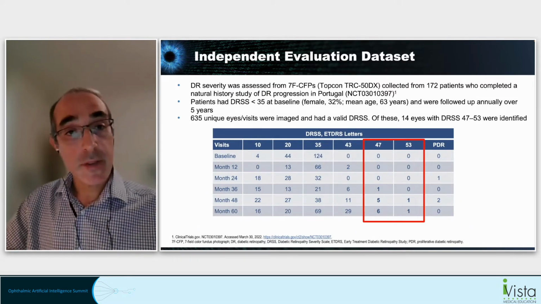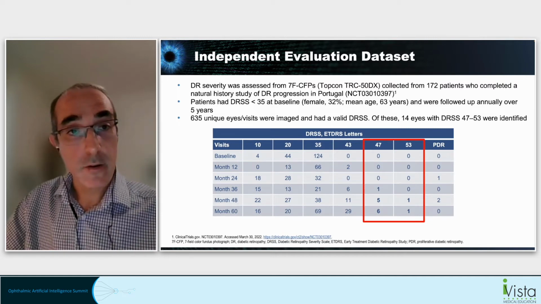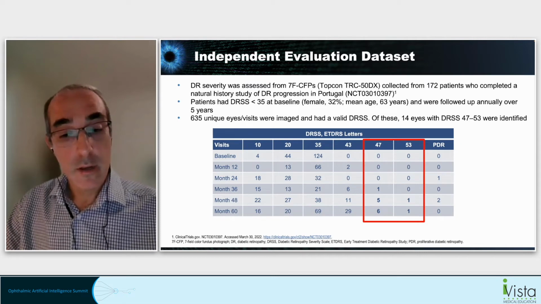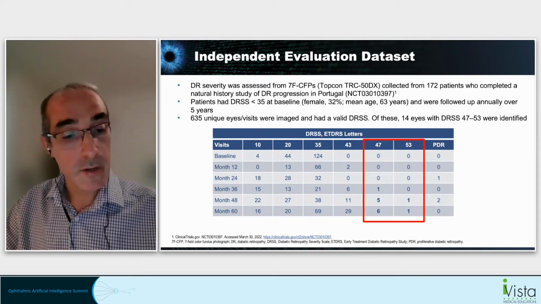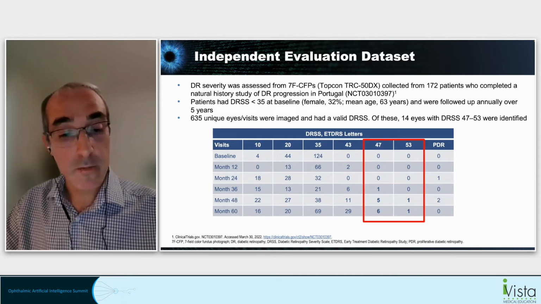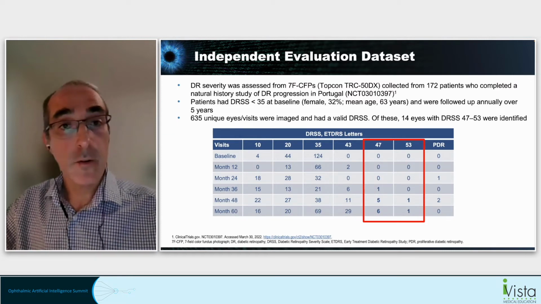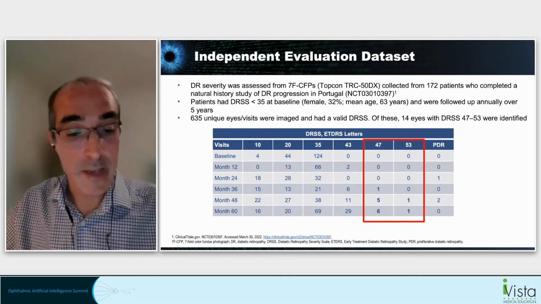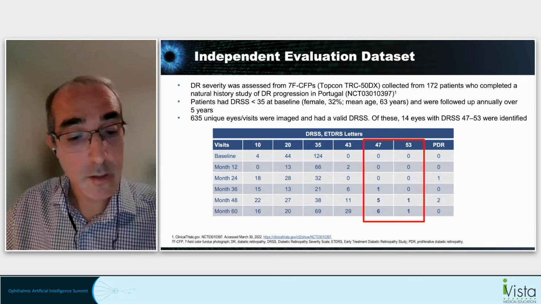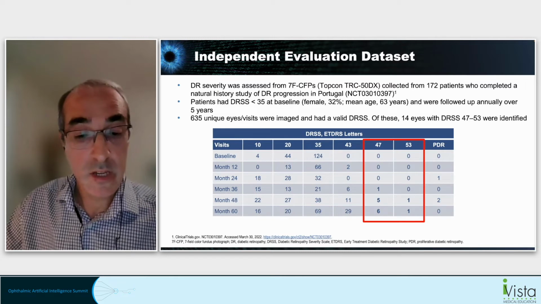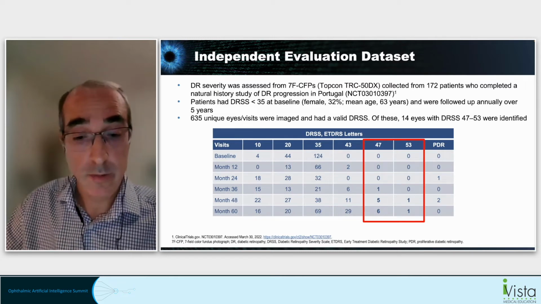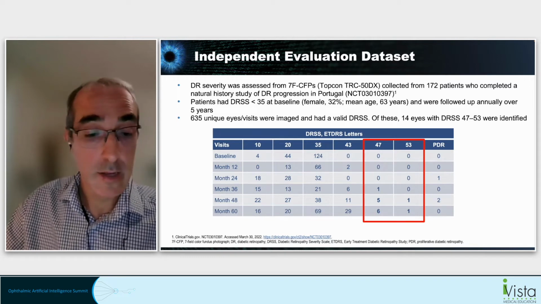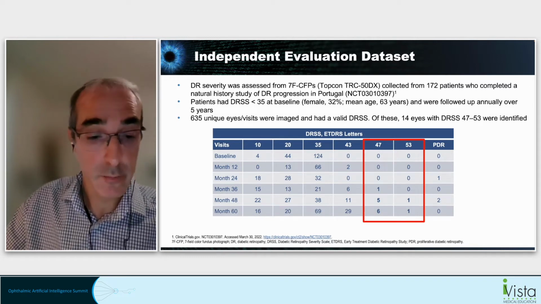Now, regarding the independent evaluation cohort, this consisted of patients enrolled in a natural history DR progression study, which enrolled patients mainly from Portugal and followed them over 5 years on a yearly basis. 172 patients completed the study, and the image data was acquired with a different instrument, a Topcon instrument. Images were graded at the Coimbra Ophthalmology Reading Center in Portugal.